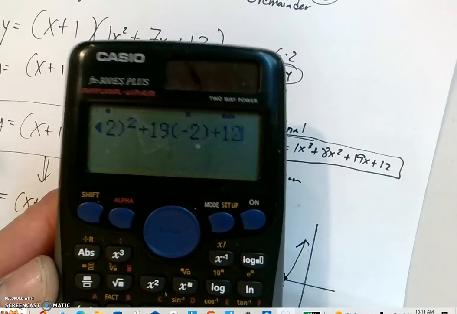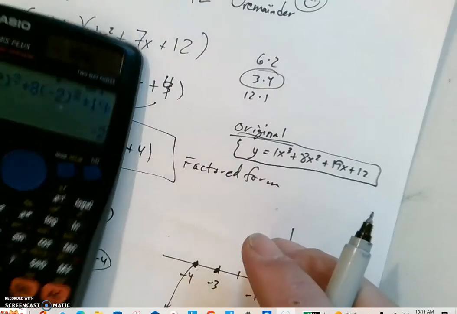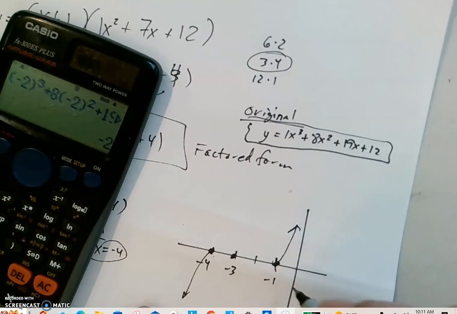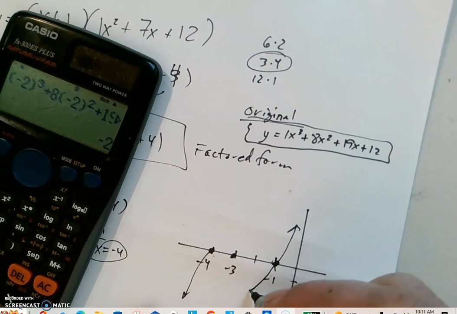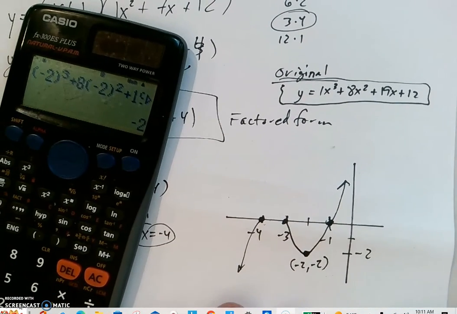Press enter, it equals -2. Wow, all that work. That tells us that when we plugged in -2, we got -2. So it's going to go down there to -2. That's just a coincidence, but that is now our point.